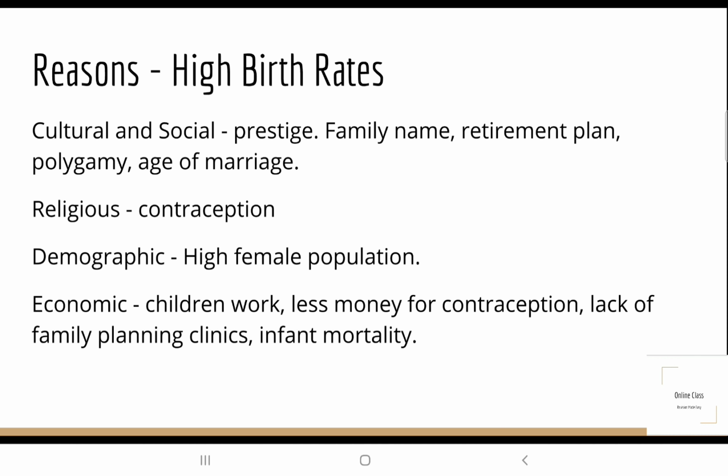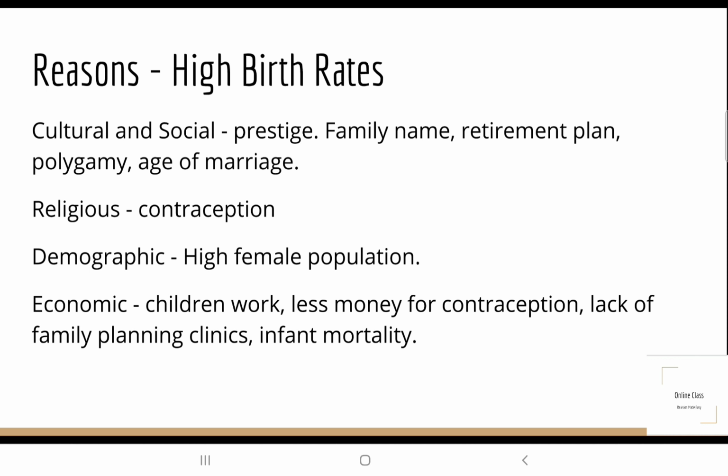The next cultural and social reason can be a retirement plan. In many countries that don't have good care services for the elderly and don't have good pension provision for old age, people have to make sure that they've got children to look after them in their old age. So they may have lots of children to make sure that they can be provided for as they get older. Polygamy is another factor.